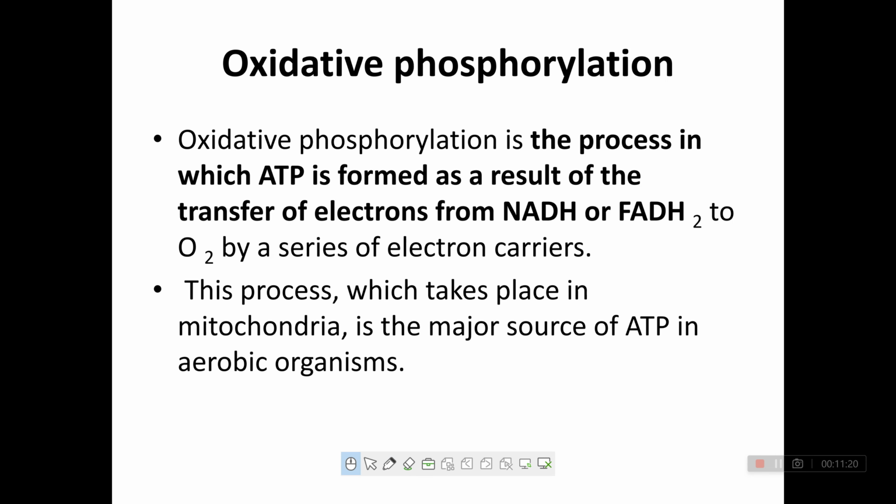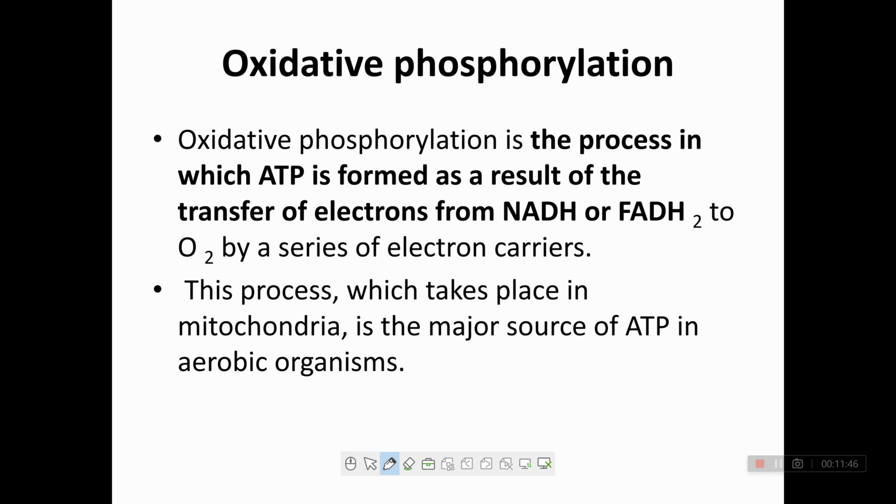Clear all this? So next is oxidative phosphorylation. First of all, what do you mean by oxidative phosphorylation? Oxidative phosphorylation is nothing but the energy utilized or gained in the form of NADH and FADH.